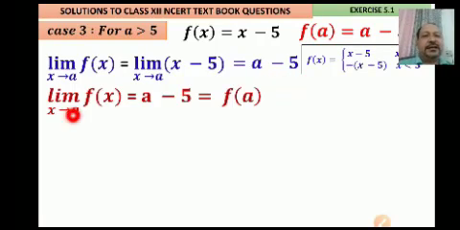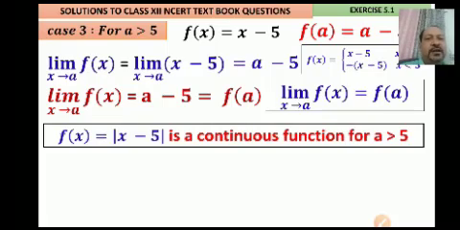Limit x goes to a of f of x is also equal to a minus 5, which is also equal to the functional value of the function at the point f of a. So f of x equal to modulus x minus 5 is a continuous function for a greater than 5.